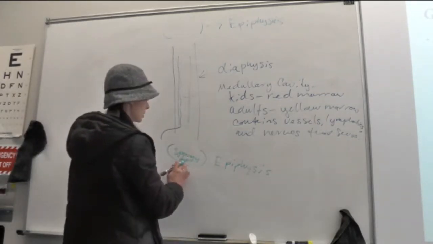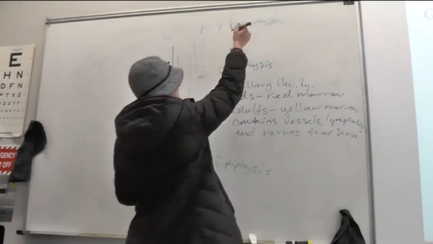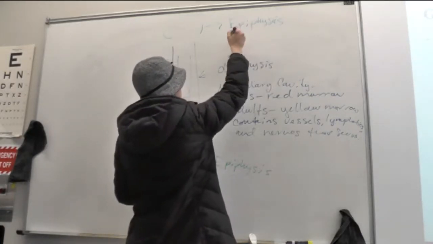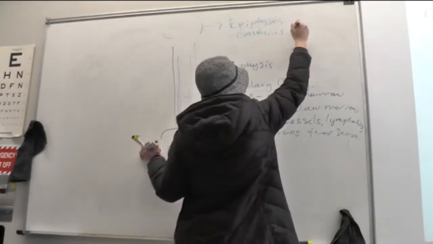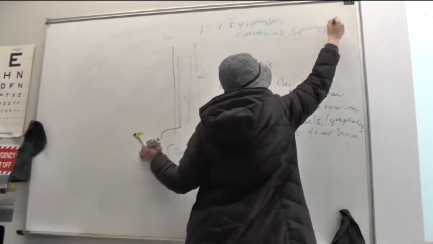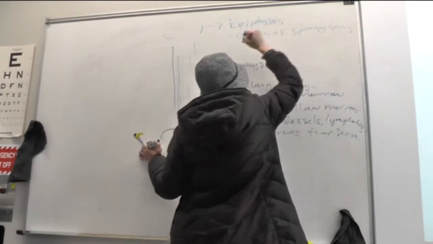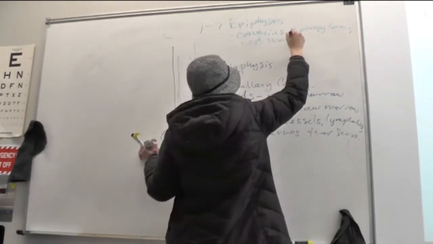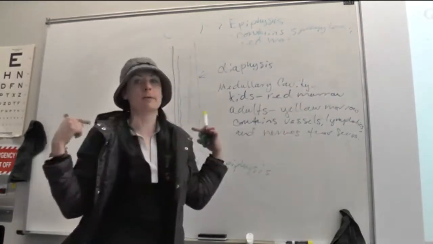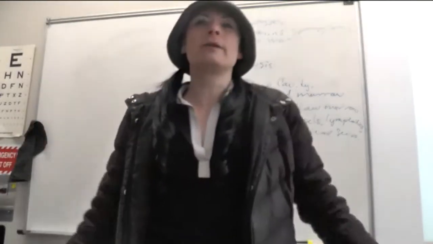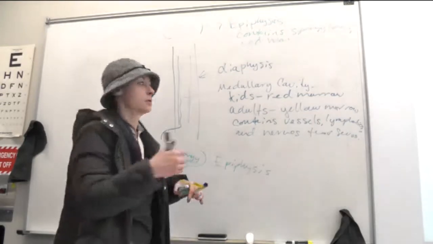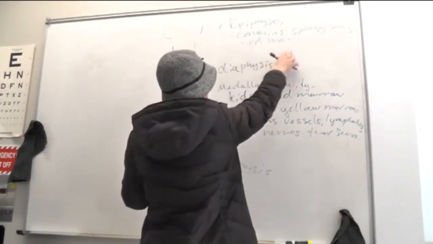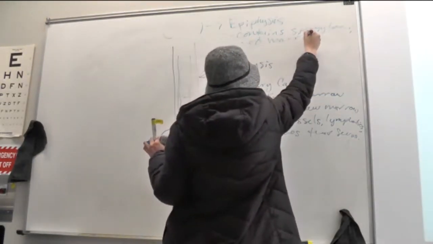So the proximal epiphyses of our femur and humerus contain spongy bone and red marrow. Even in adults? The red marrow in adults is in the proximal epiphyses of your humerus and femurs. In adults, the rest of our red marrow is in our flat bones.